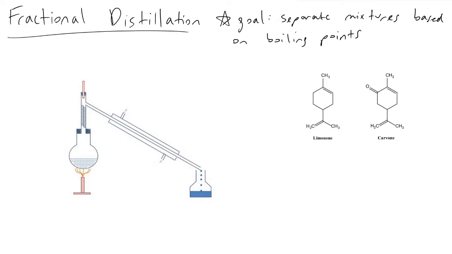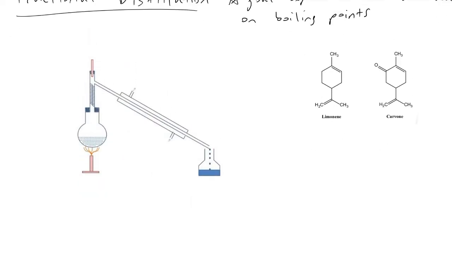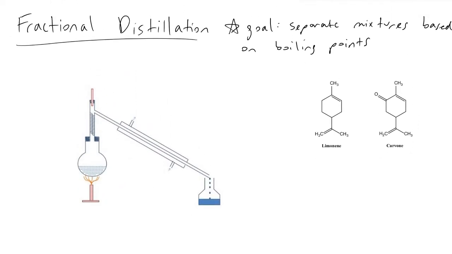And before I go any farther, I'd like us to take a step back and ask ourselves which of these two molecules should have a higher boiling point. And the most obvious difference we see between limonene and carvone is the presence of this carbonyl right here.